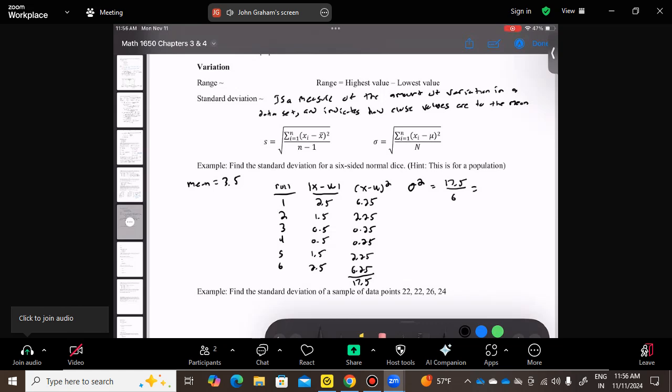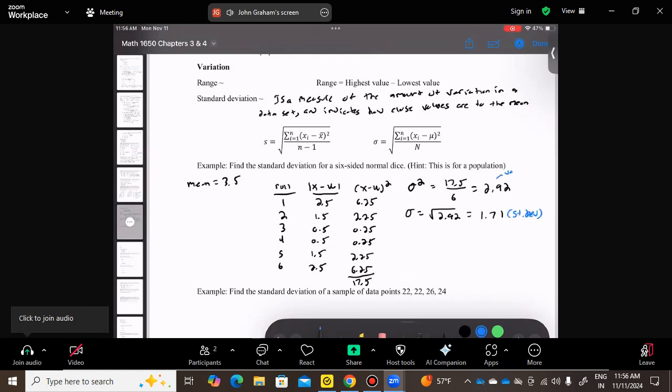And when we divide that, we get 2.92. Then when we take the square root, we get our standard deviation, and you get 1.71.